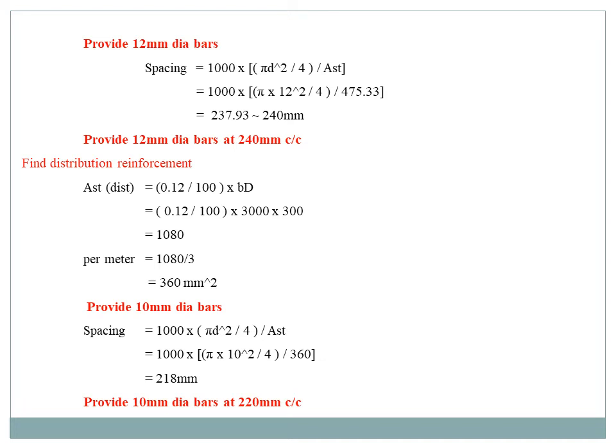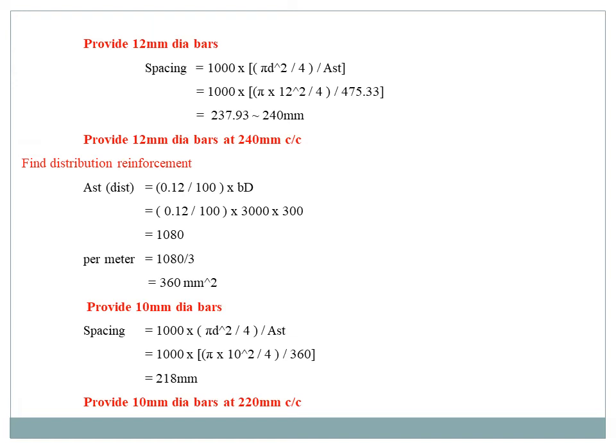So apply carefully here, because the overall depth is 300 mm for the middle strip. When you apply the column strip, the overall depth is 200 mm. So check that. Okay. So for the column strip we can take it as 300 mm. So per meter is equal to 1080 divided by 3, which is equal to 360 mm square.